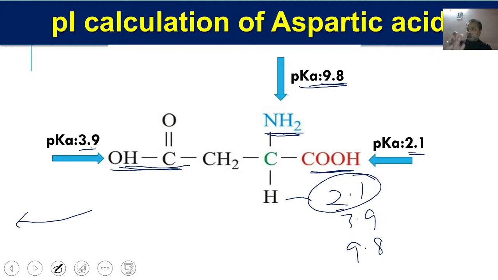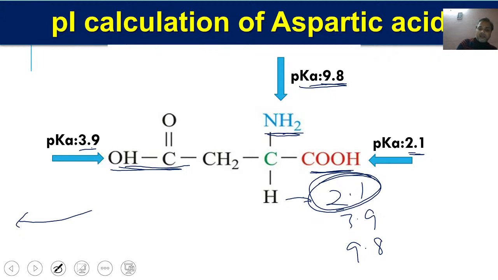I am not actually going to dip it in solutions, but we are going to take this amino acid and put it at a pH which is less than the lowest dissociation constant pH.